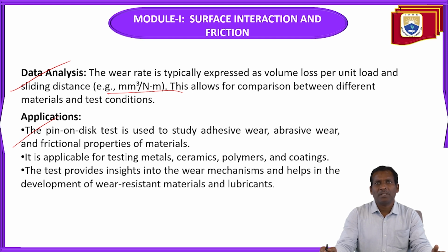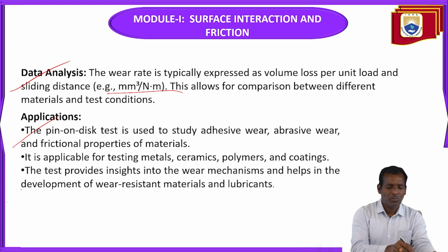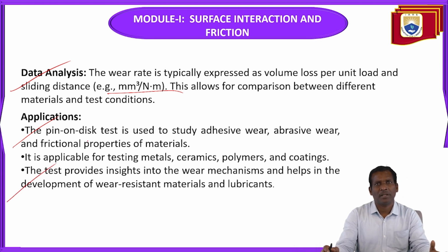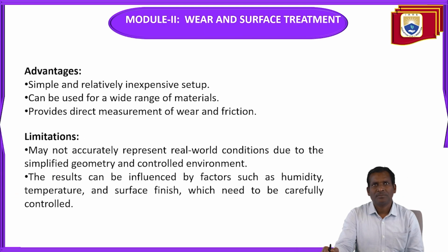It is applicable for testing metals, ceramics, polymers, and coatings. The test provides insights into the wear mechanisms and helps in the development of wear-resistant materials and lubricants. These are the applications of the pin on disc test.